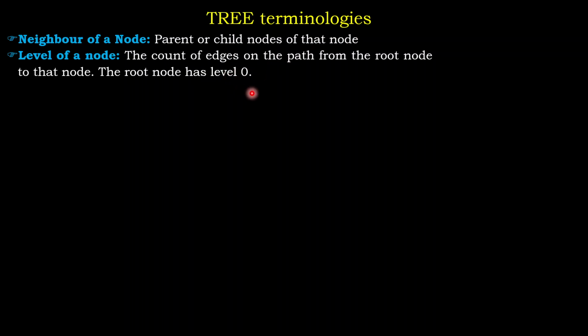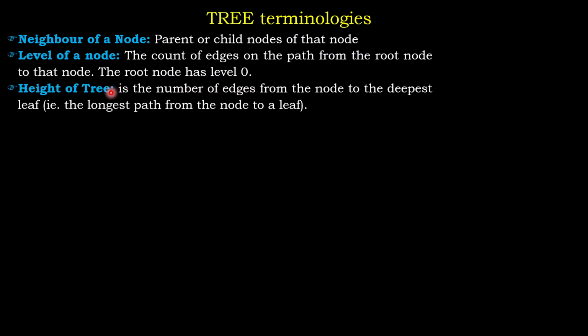It also counts the edges of the tree for the level. And height of the tree is the longest path from a node to the leaf, from a particular parent to a leaf or root to leaf. The longest path is defined as the height of the tree.